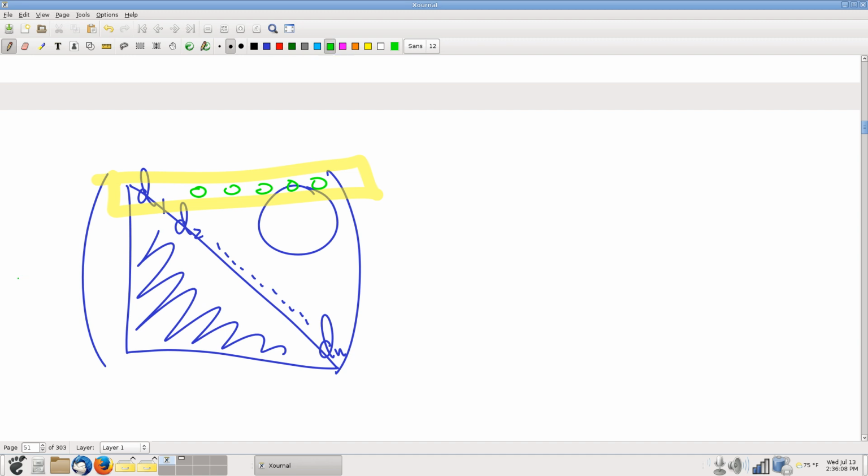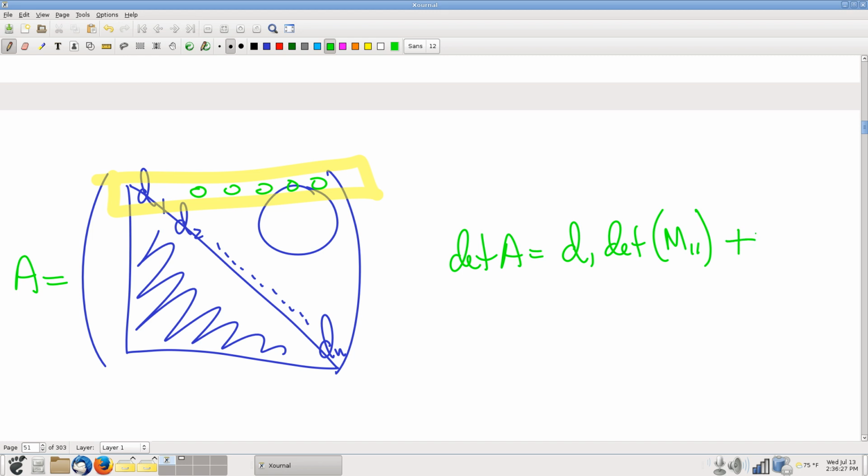We'll call this matrix A. The determinant of A is D1 times the determinant of the 1-1 minor, plus a bunch of terms that include a factor of 0. So it'll be 0 times the 1-2 minor, 0 times the 1-3 minor, 0 times the 1-4 minor. But they're all being multiplied by 0, so I don't even really have to write them down.